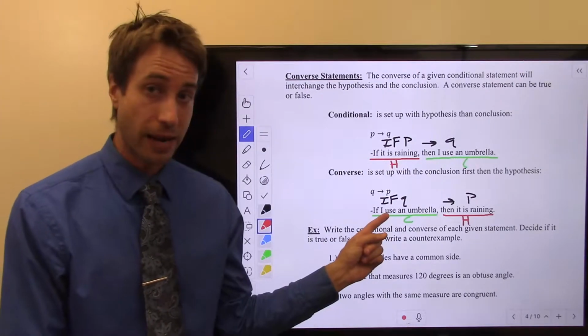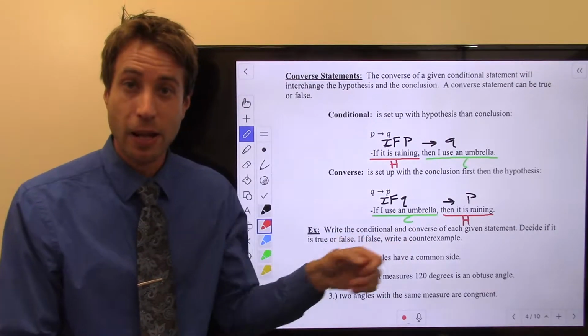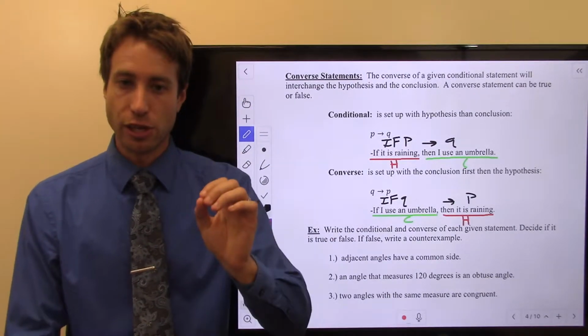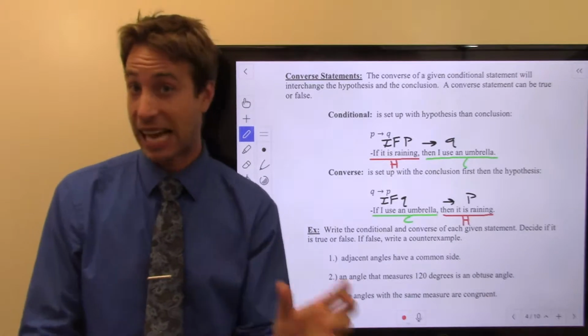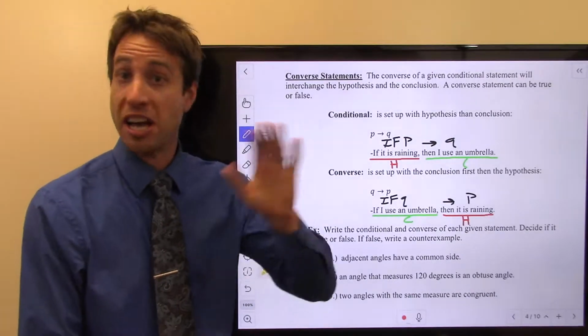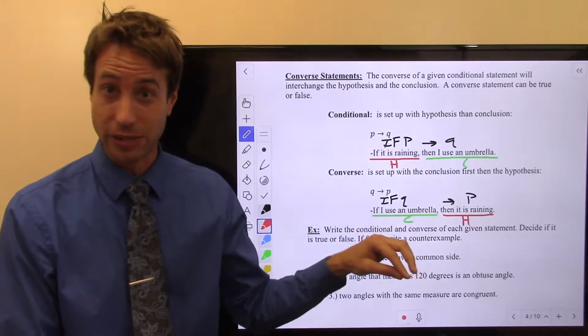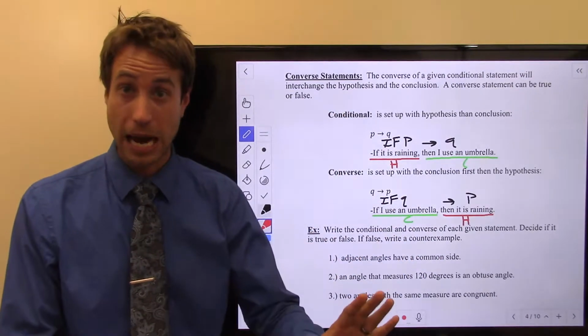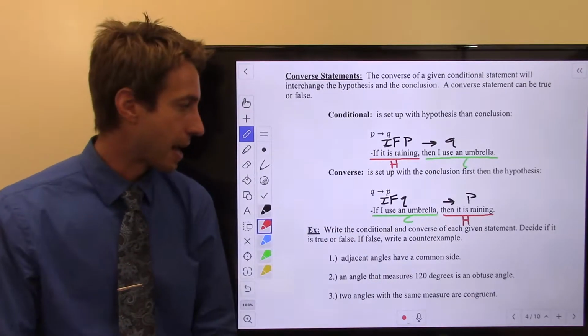In that case, it's not raining, but they're still using an umbrella. So we'll talk more later about whether a converse statement is actually true or not. Just because the conditional statement is true does not mean that the converse has to be true. In fact, a conditional statement could be true and a converse may not be true. But we'll talk about that a little bit more later.